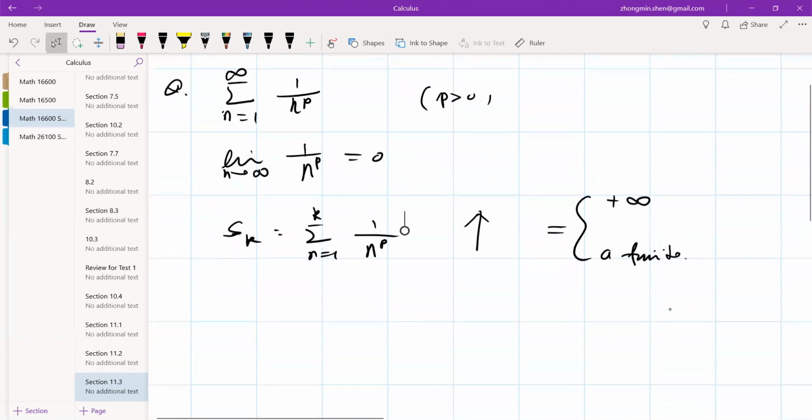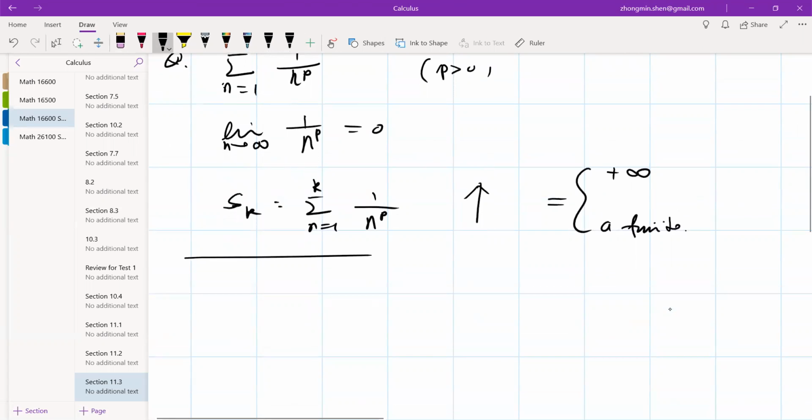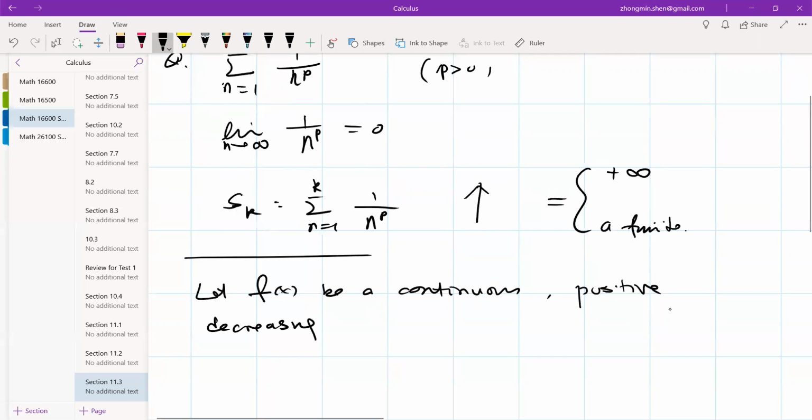Okay. So we consider the special sequence, right? We let f(x) be a continuous, positive and decreasing function on the interval, let's say from a to infinity, not necessarily from 1 or from 0.